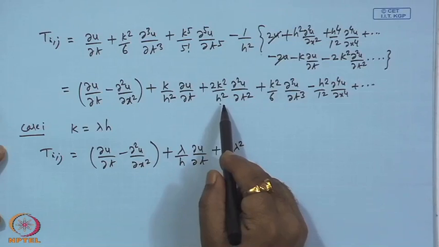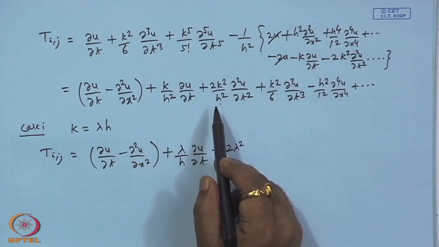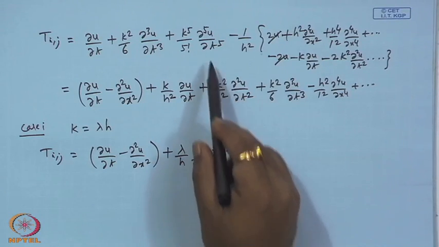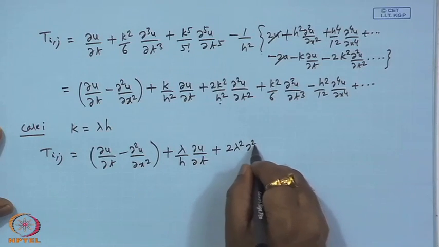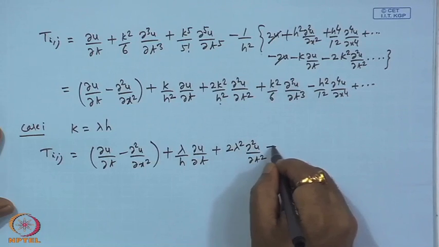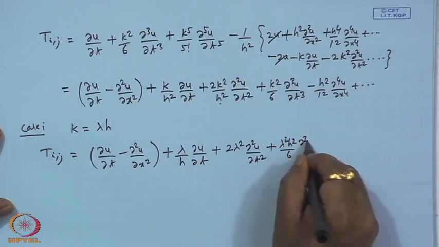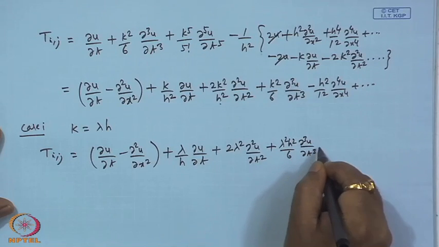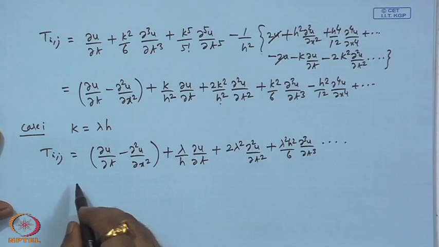So, you have one term. So, let me check. Yeah, so k is lambda h. So, you have this, okay, then etc. Okay.